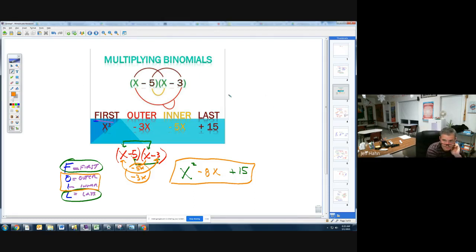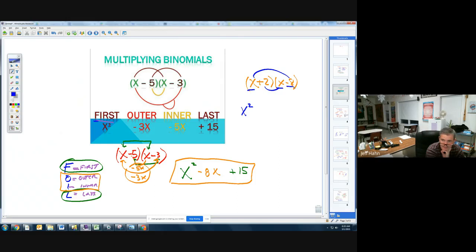So let's do a couple more of those and you'll see how this works. I'll do it fast and then do it slow. Let's say I have x plus 2 and then maybe x minus 8. Just quickly again, if you're doing FOIL, the two first terms, x times x is x squared. Your middle term will come when you combine the outside and the inside.